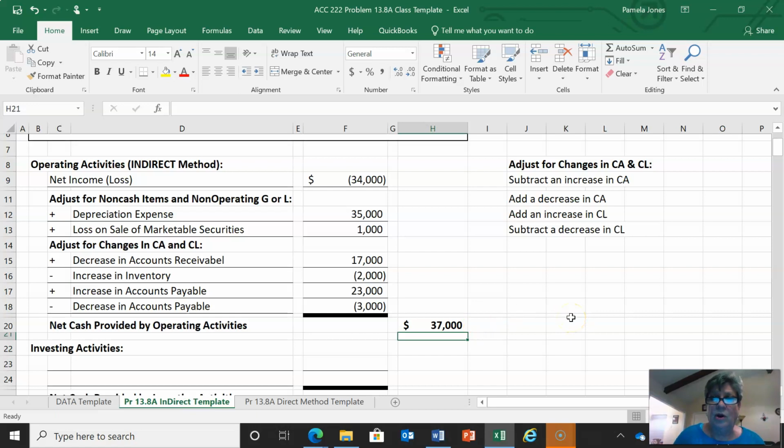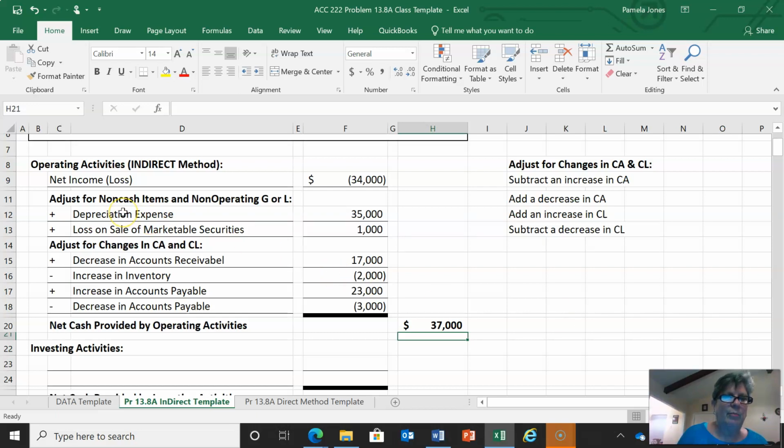So some of your homework assignments will ask you to do it both ways. If they don't equal, you've got a mistake in your logic somewhere, or your math, or both. All right, so that is the indirect method. And like I said, to me, I've got to learn 4 adjustments or 4 changes for the current assets and current liabilities and what to do with them.